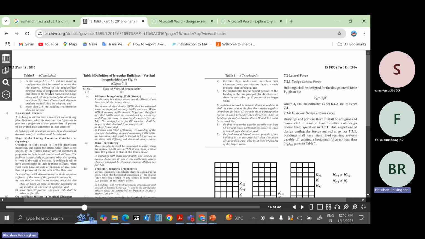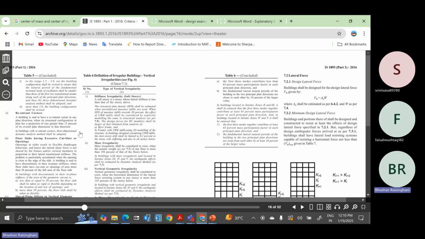So if delta max upon delta minimum is more than 2, then we have to redesign everything. However, ASCE covers this in a better way. However, we have to follow the code and find a way to get it done. So this was important for CM and CR, the most critical part.